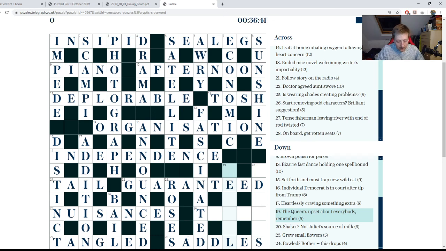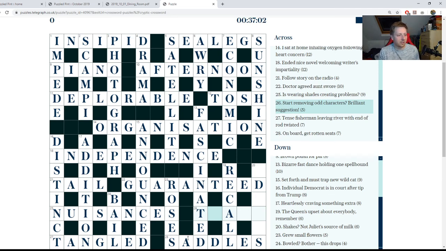So this is the Queen is ER. Is recall. About means circa in Latin, circa 7th century, about, and that can be abbreviated to C. And then we've got recall.